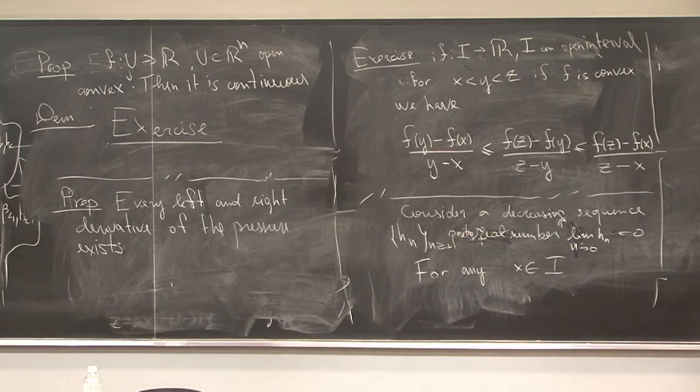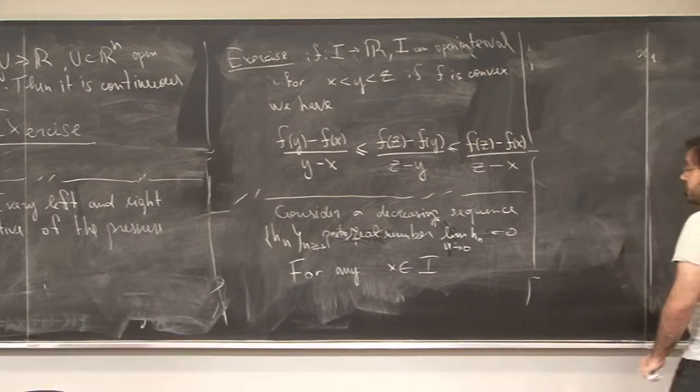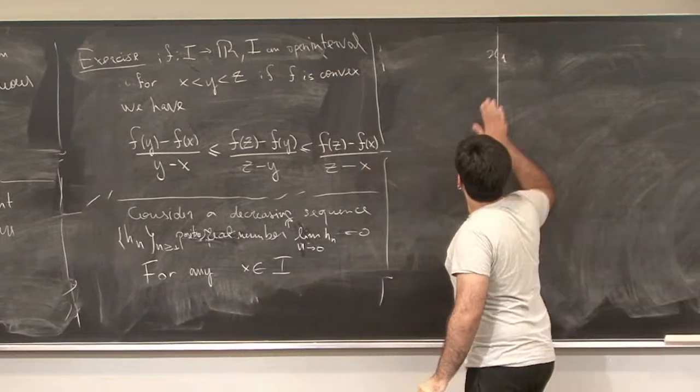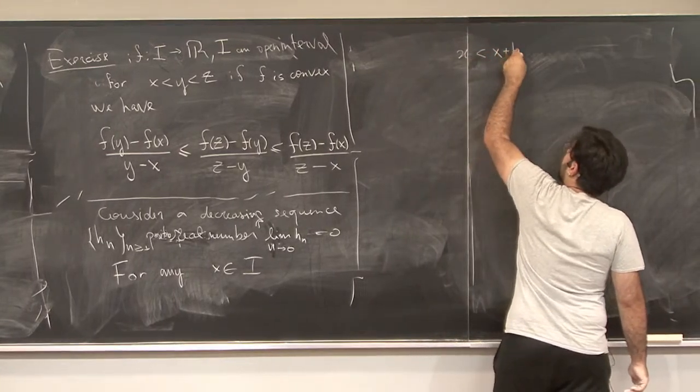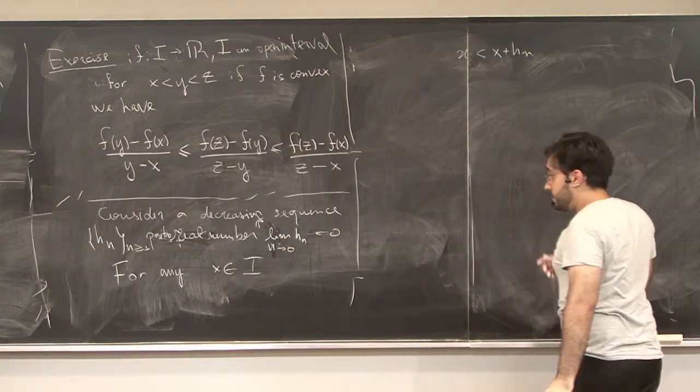If I take x in the interval, then x is less than x plus h_n for every n.